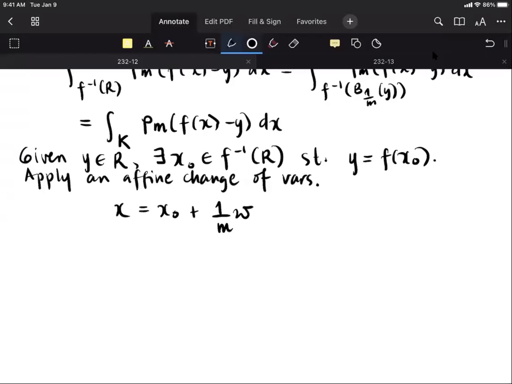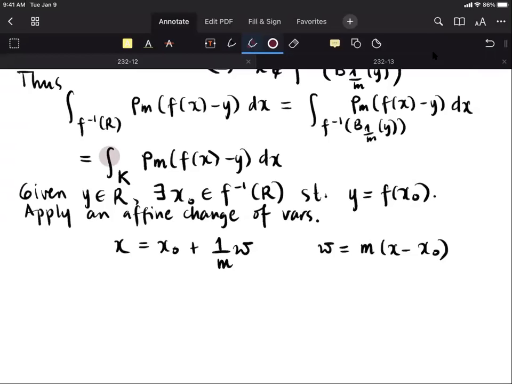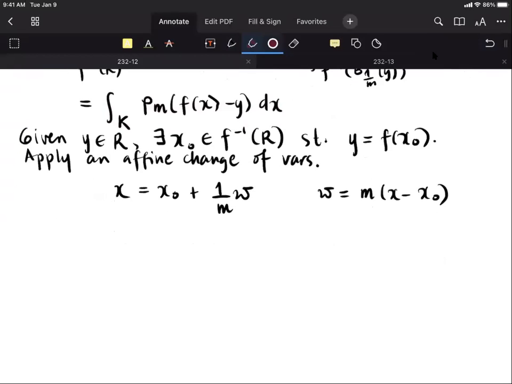More precisely, we have the following transformation: inversely, w is equal to m times (x minus x naught). So let us now consider this integral here, the integral over K of rho m of f of x minus y dx.